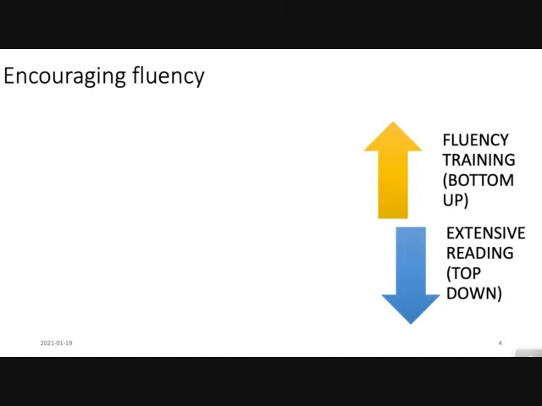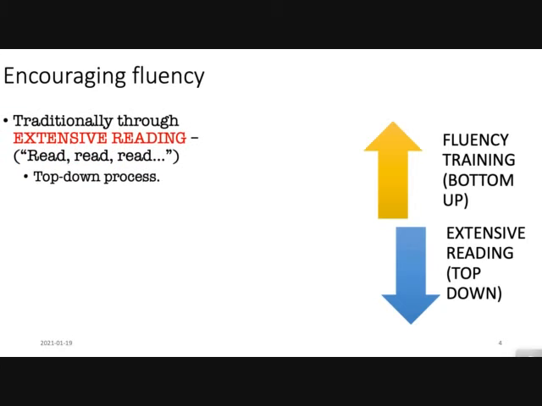So, as I mentioned before, traditionally, we gain reading fluency through extensive reading. So in our first language, we start to read using phonics, and then we read more, and we start to recognize it almost in an automatic kind of process.